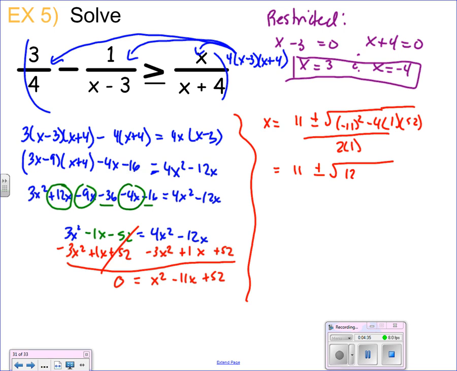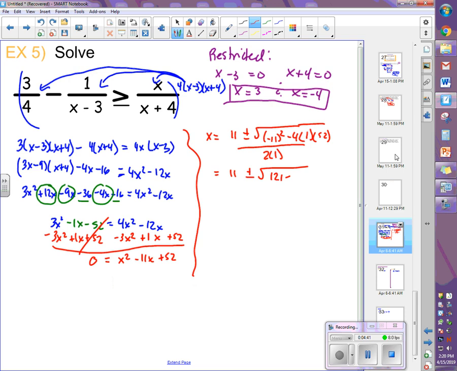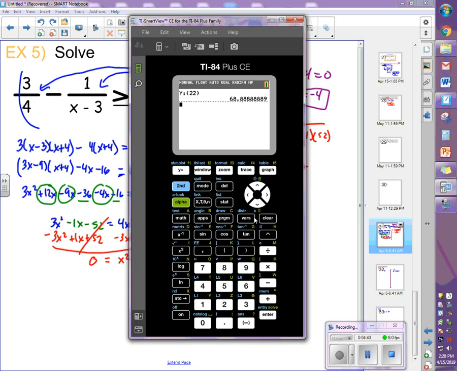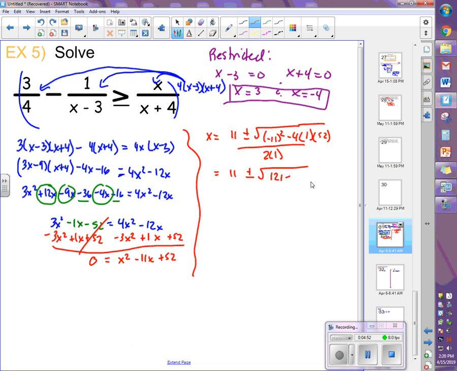So that's 121 minus 52 times 4, which is 208, which would be a negative. So there's no real solutions.